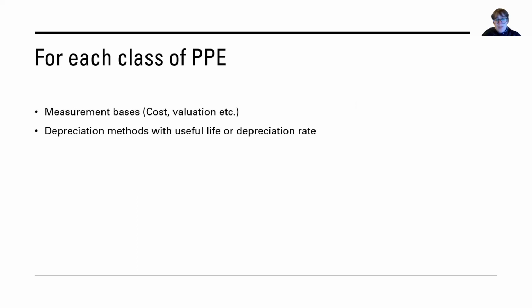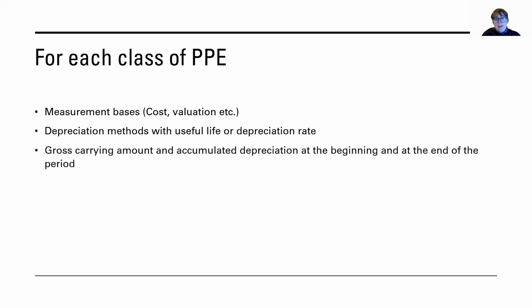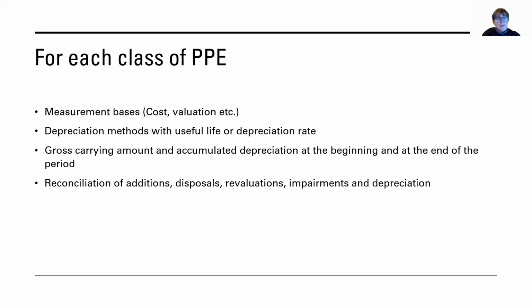It must disclose the gross carrying amount and accumulated depreciation at the beginning and at the end of each period. Any additions, disposals, revaluations, impairments, or depreciation must all be reconciled.